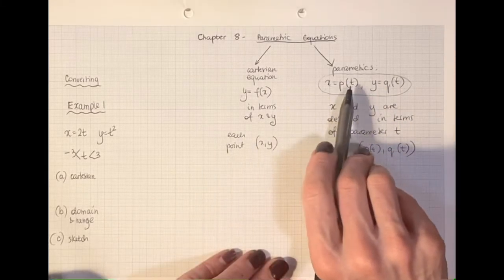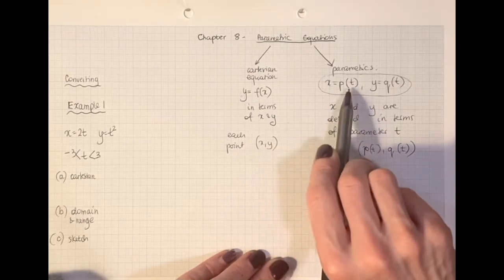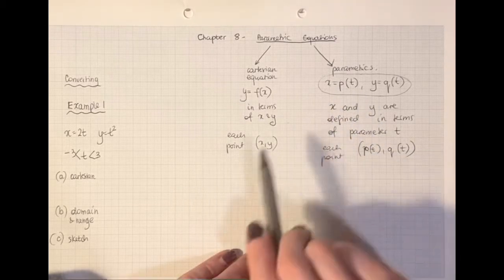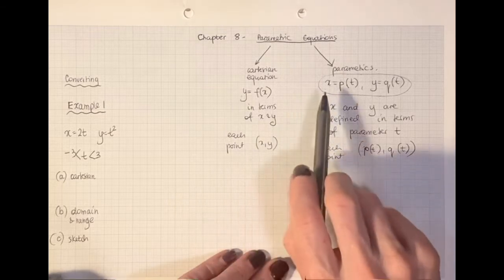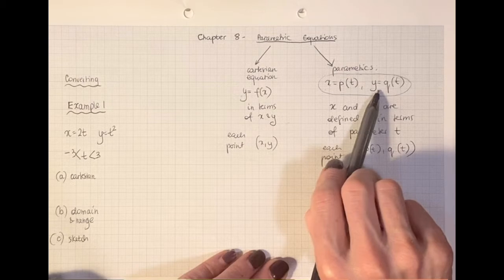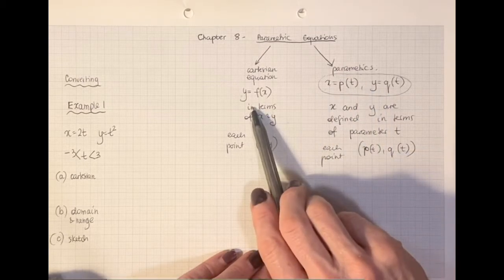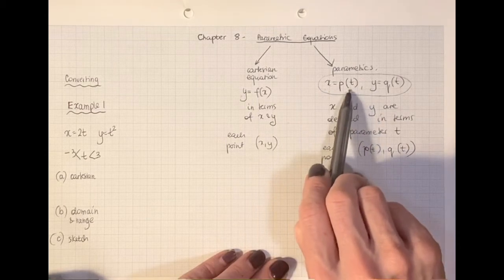Very often we use t, k, we could use theta or alpha or any Greek letter if you are going to use trig equations. It's possible to combine these two equations to form another equation, which is called a Cartesian equation, by eliminating the variable t.